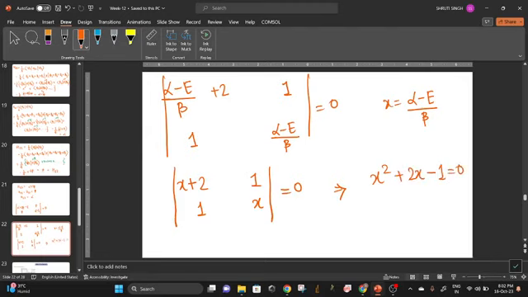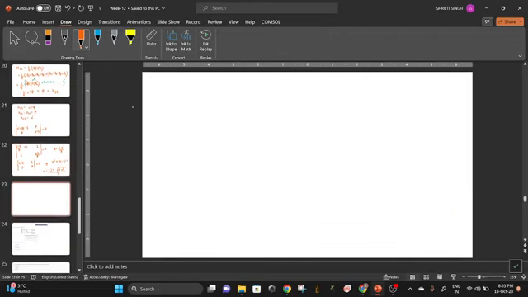From here you can get the value of x by using the quadratic formula: minus b plus minus under root b square minus 4ac, divided by 2a, which is 2. Thus we get x equals minus 2 plus minus 2 root 2 divided by 2, which is minus 1 plus minus root 2.